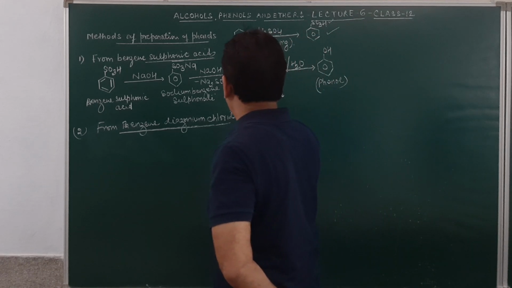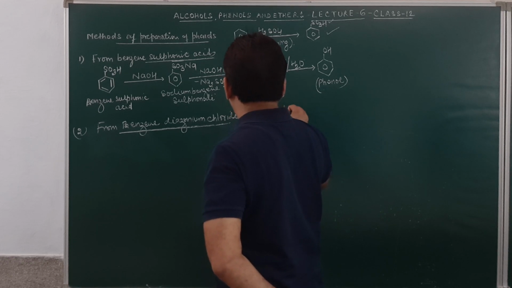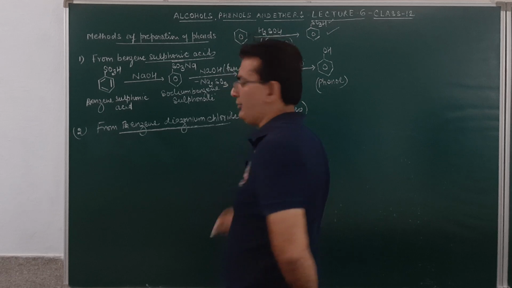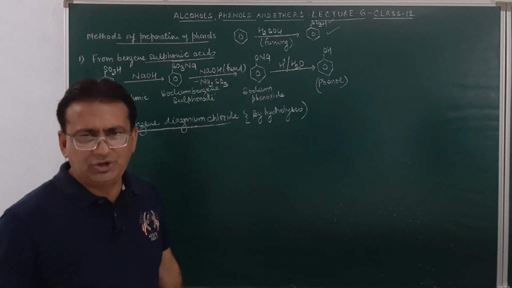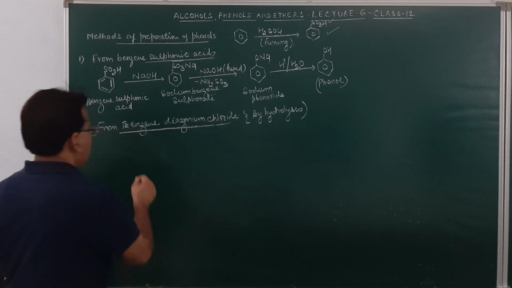It will be by the process of hydrolysis. If we carry out the hydrolysis of benzene diazonium chloride, it will result in the formation of a phenol molecule. Just see the reaction.